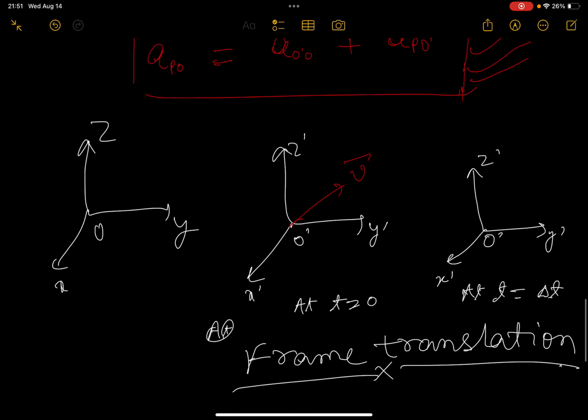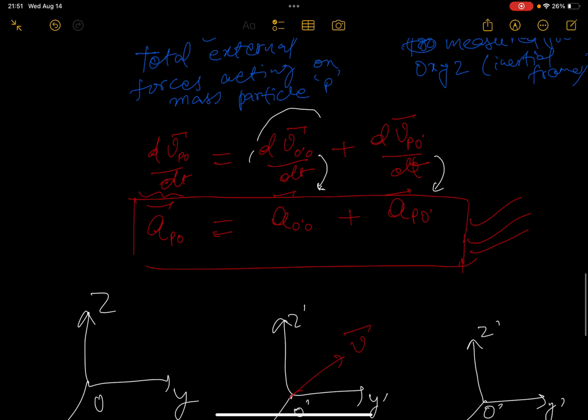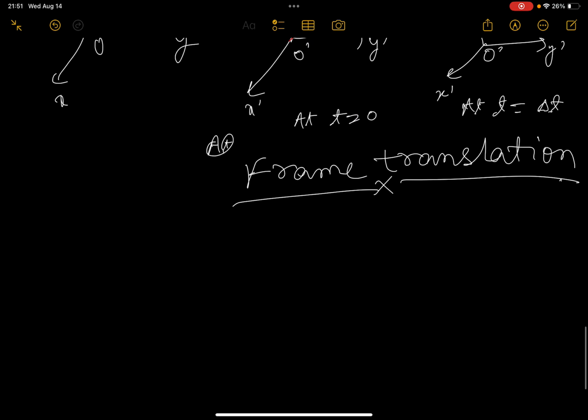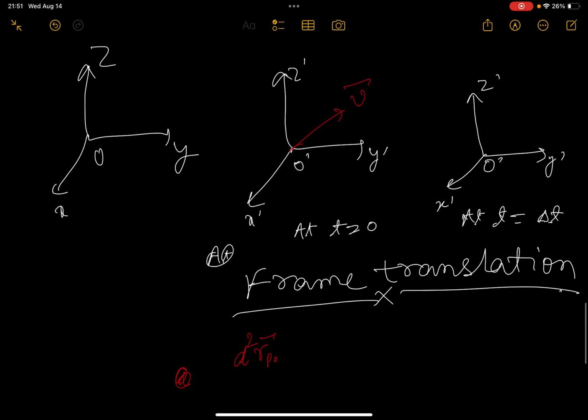So eventually we will see that we can write this equation as a d2 rpo, where r is the position vector and this one is r dash.